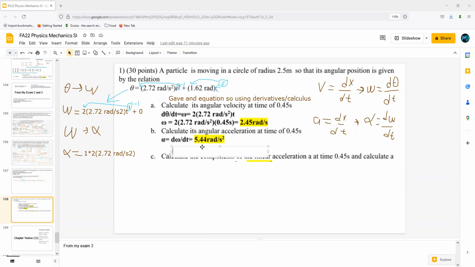Note here that because you get no time for the alpha, it becomes just constant acceleration. And so if you multiply that 2 into the 2.72, it's probably going to give you 5.44 radians per second squared.